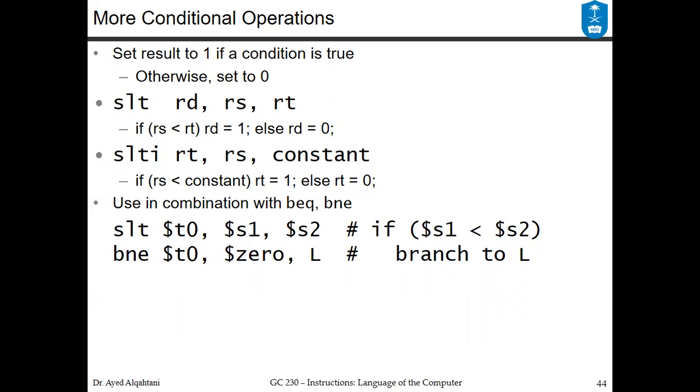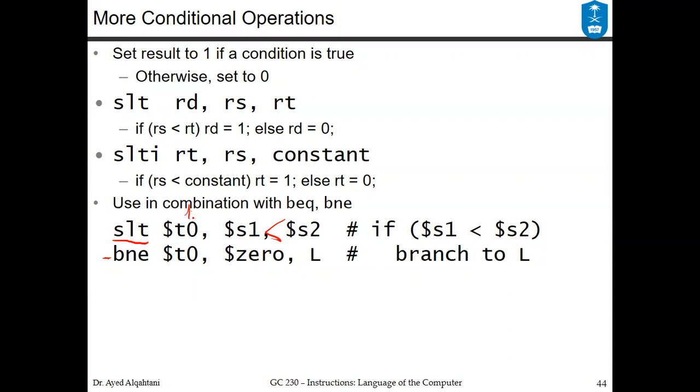Now, the set less than is usually an instruction that happens right before the branch instruction. So here we said set less than if S1 is less than S2 and put the result in T0. So if S1 is less than S2, what happens?